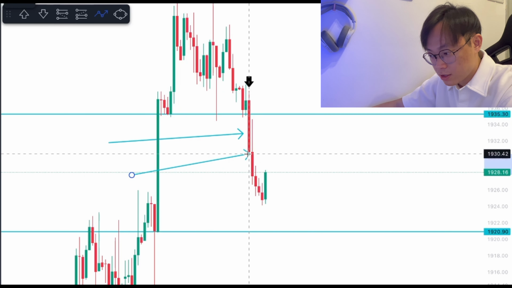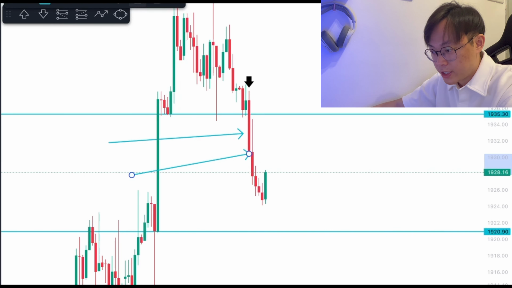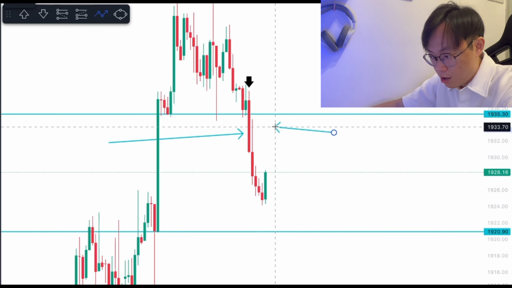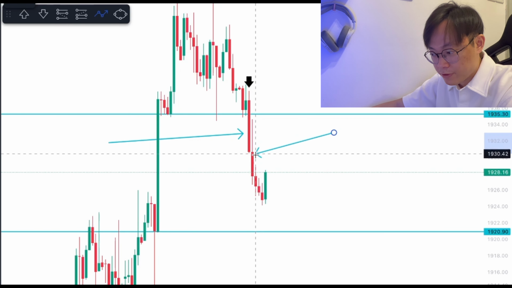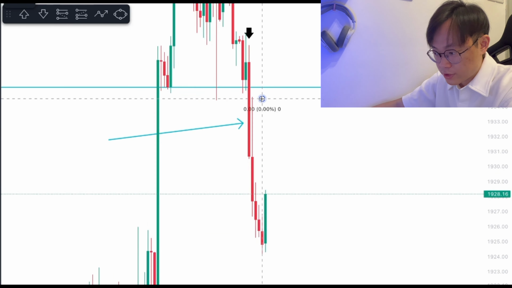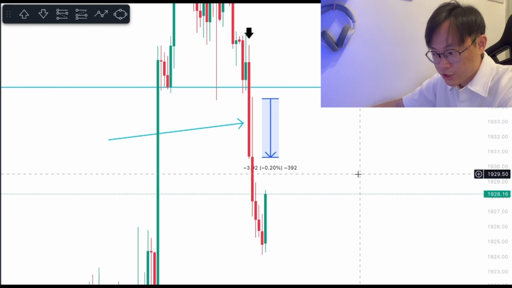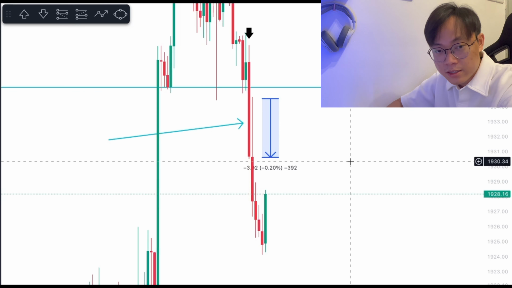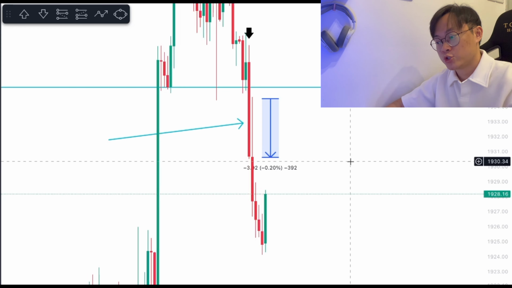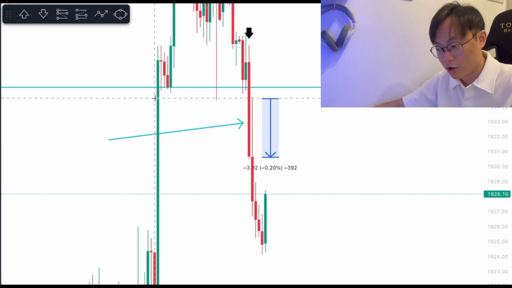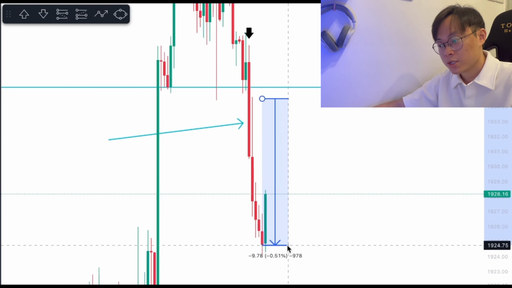The candlestick closed around here, and we can see it left a long wick to the upside right before it went down. This particular wick rejection, I see it as a liquidity grab to the upside and continuation to the downside.